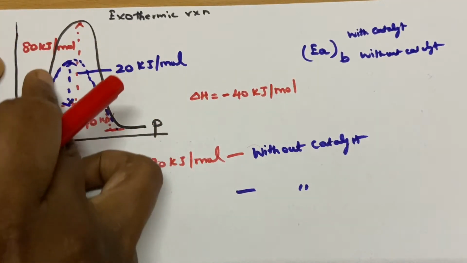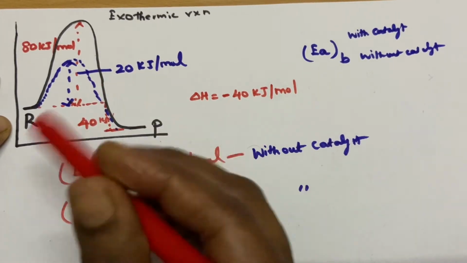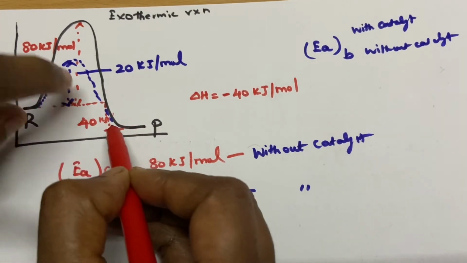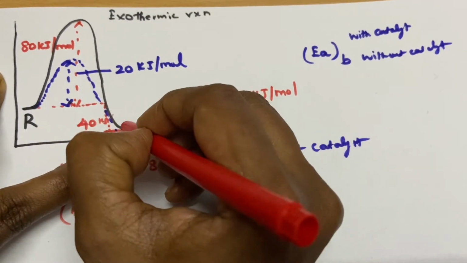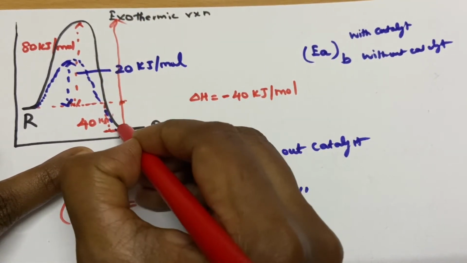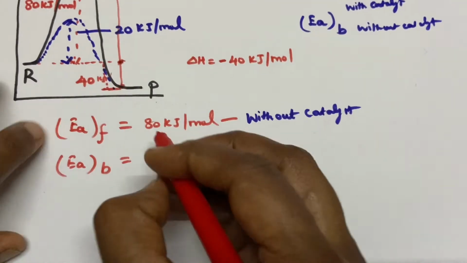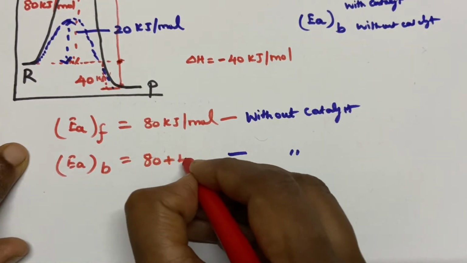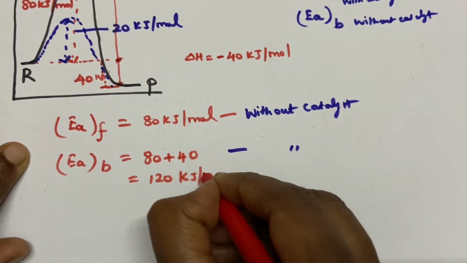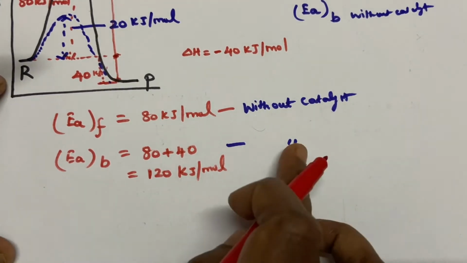Check the black mark, that is without catalyst. Okay, so what energy do you have to supply from the product to reactant? This much energy. What is that energy? From this point to this point is 40, from this point to this point is 80. So 80 plus 40 kilojoules per mole, which is 120 kilojoules per mole. That is the energy of activation for the backward reaction without catalyst.